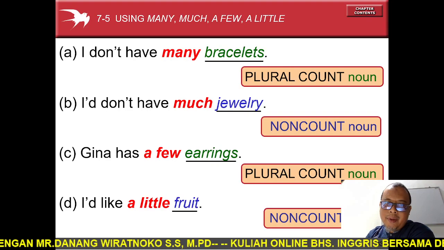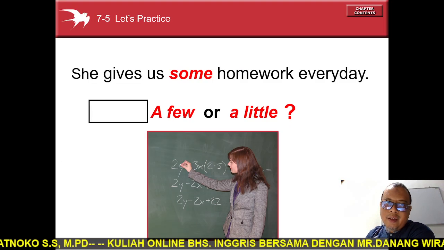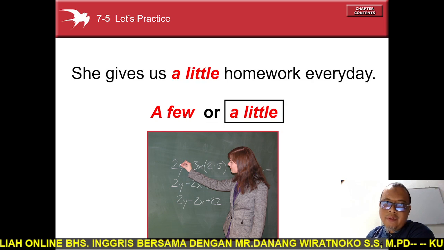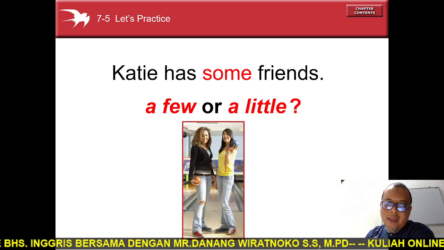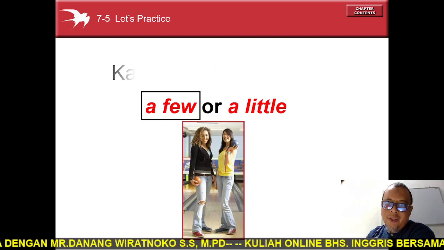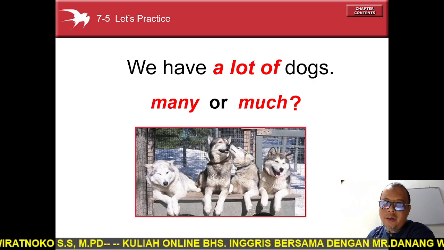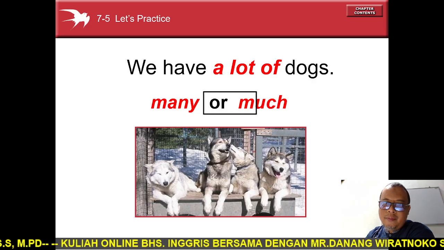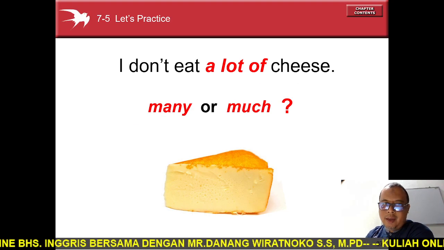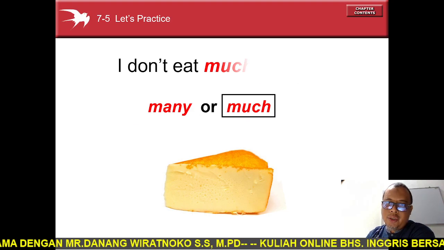Some, coba kita lihat some yang mana. Is it a few or a little? Oh, she gives us a little homework every day. Kate has some friends. A few friends. We have a lot of dogs. Many dogs. We have many dogs. I don't eat a lot of cheese. I don't eat much cheese.